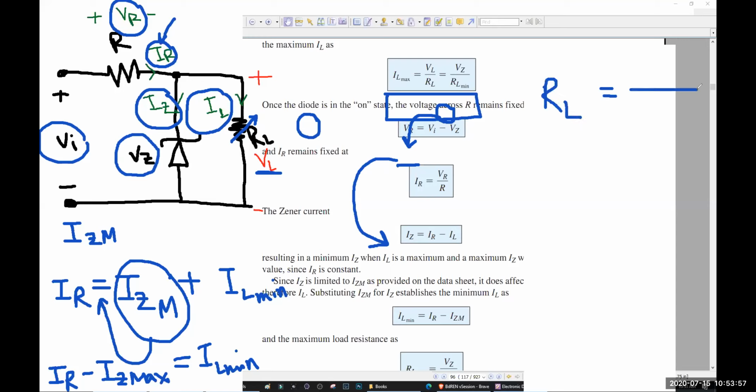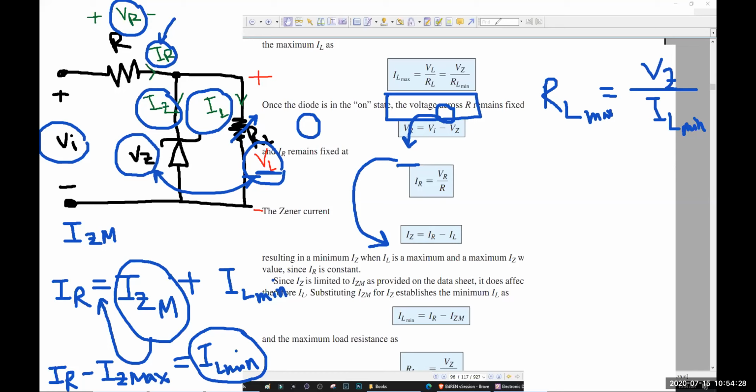RL is equal to what? V divided by I, right? What V? VL. That means VL and VZ are actually equal because they are parallel. So VZ divided by IL. Now we have found the IL minimum, right? So if I put the minimum here, we will get the maximum. So that is the range, RL minimum and RL maximum.